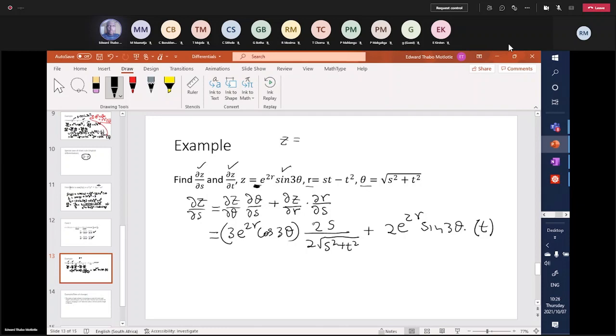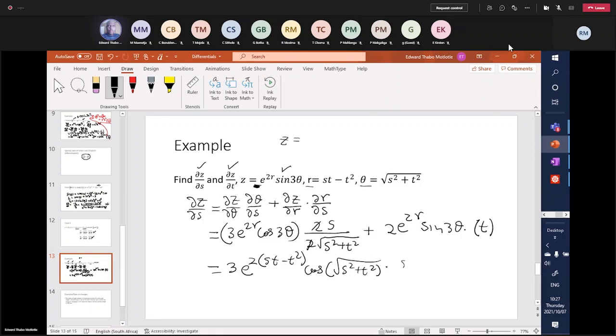We can say that 2 and 2 cancel out here, and then they have t there. We started to differentiate with respect to s first, so you need to substitute this 3e to the power 2. Where you have r, you substitute st minus t squared cos, and then for theta you substitute the square root of s squared plus t squared.